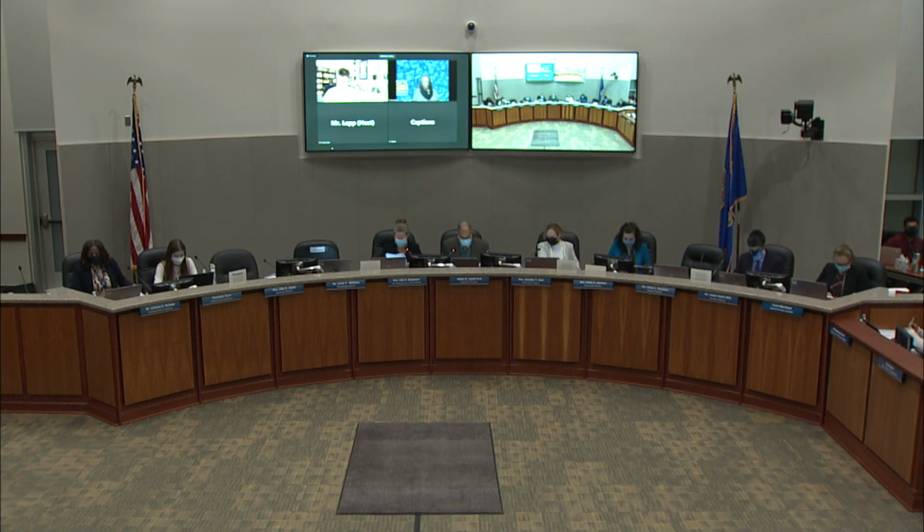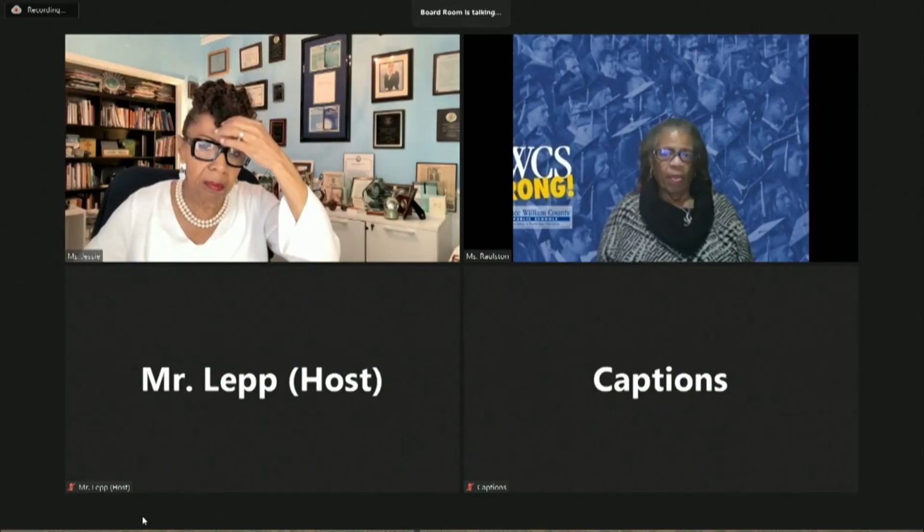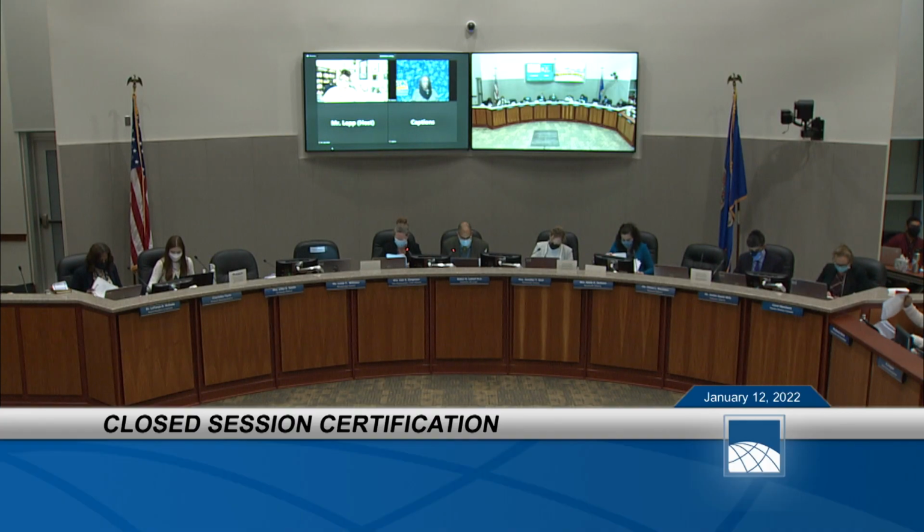Now, therefore, be it resolved that the Prince William County School Board hereby certifies that, to the best of each member's knowledge, 1, only public business matters lawfully exempted from open meeting requirements were discussed in the closed meeting to which this certification resolution applies, and 2, only such public business matters as were identified in the motion convening the closed meeting were heard, discussed, or considered by the school board.